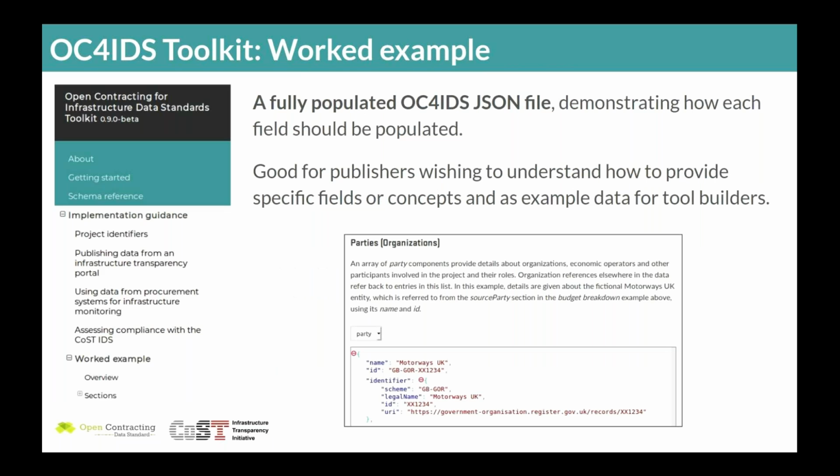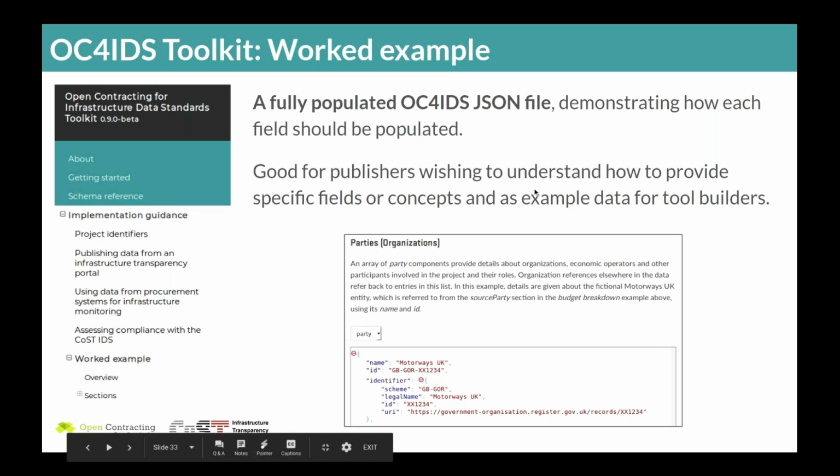And something else that you might find helpful, there's an example OC4IDS JSON file, so you can actually see what a populated example file looks like, and it can really help to look at how each section should be populated. So do have a look at that. There's also an overview of what's in the worked example and a little description about exactly what's in there and why.